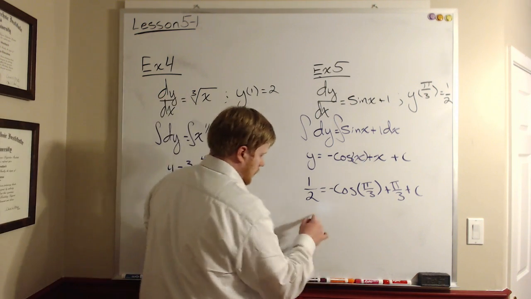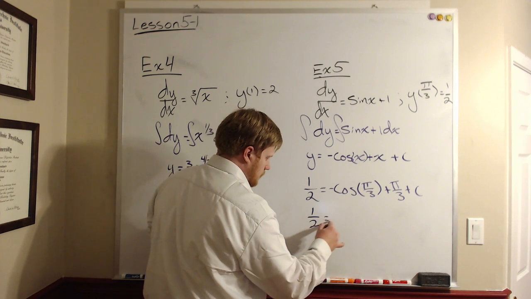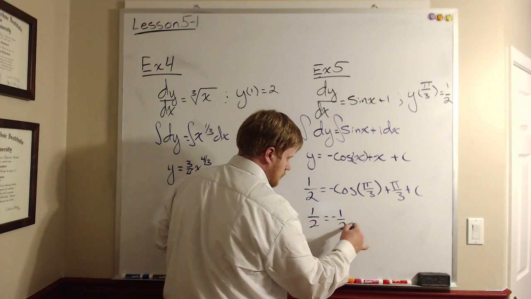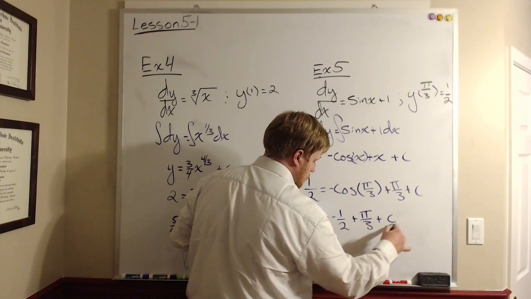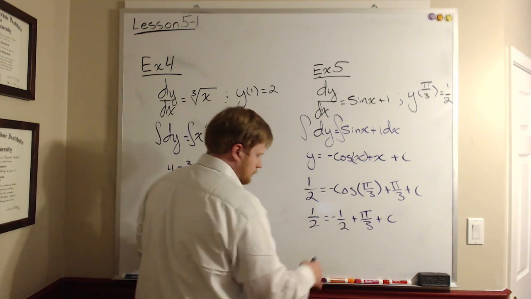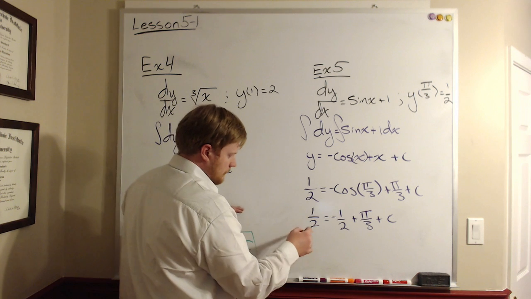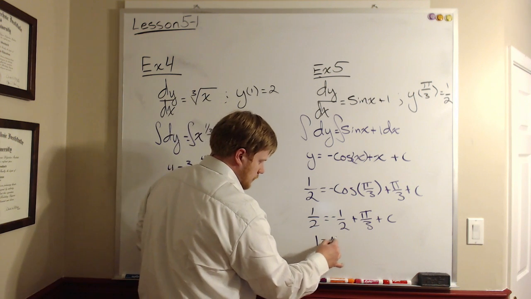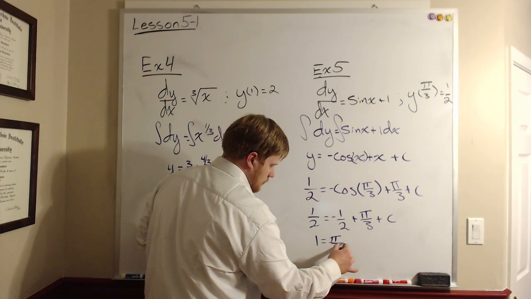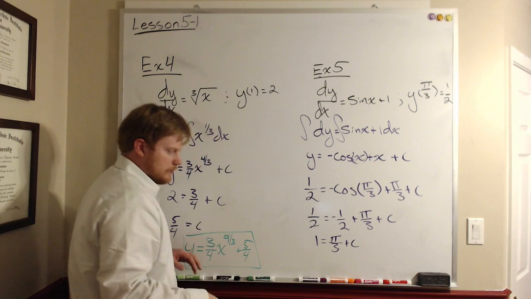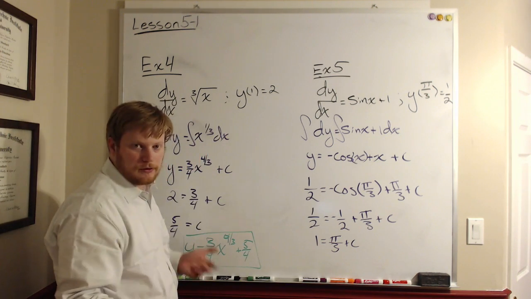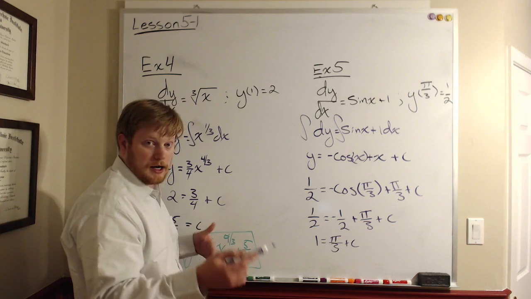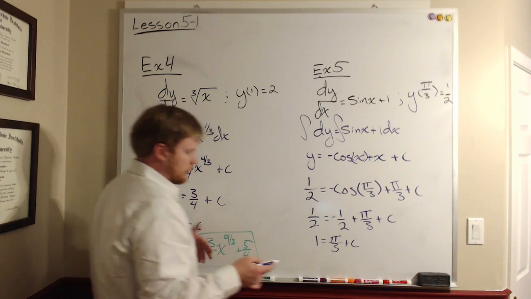So that's negative a half. Half plus a half is 1. So it looks like C's got to be 1 minus pi over 3, or 1 minus pi all over 3.